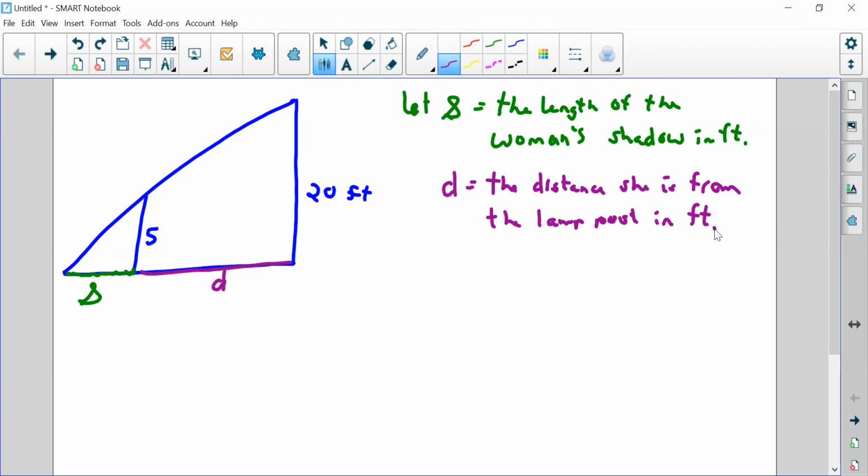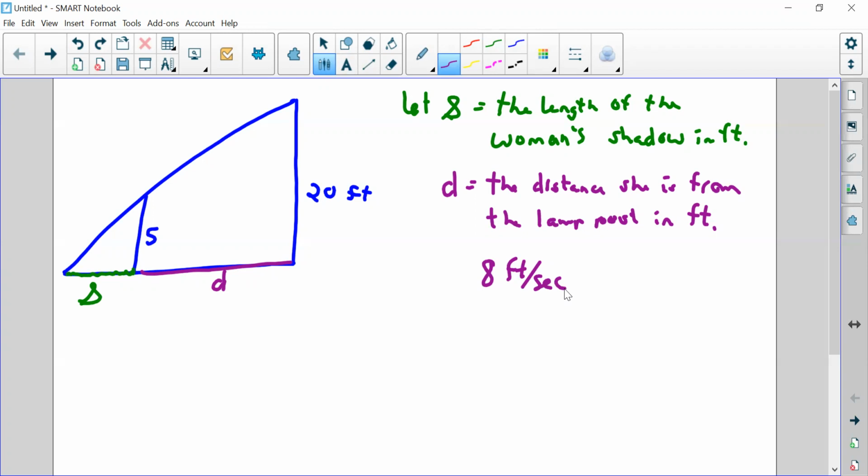We were also given some other information. We're given that the 5-foot-tall woman walks at 8 feet per second toward the street lamp.